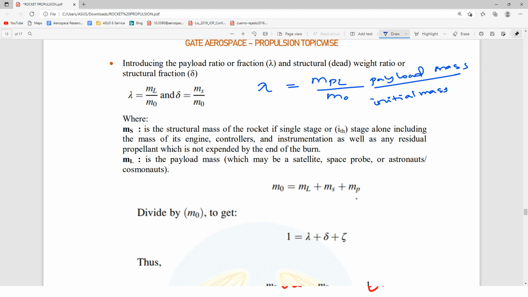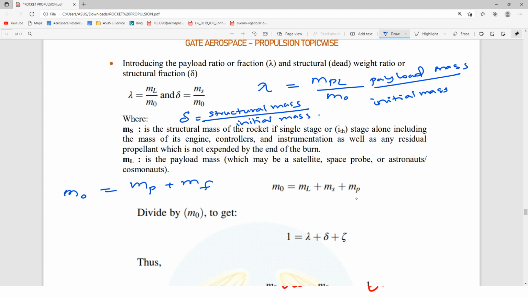Okay, and what is the structural weight ratio or structural fraction? It is denoted by delta. It is the structural mass by the initial mass, right? Now previously we have seen that the initial mass is nothing but the payload mass plus mf, the final mass.